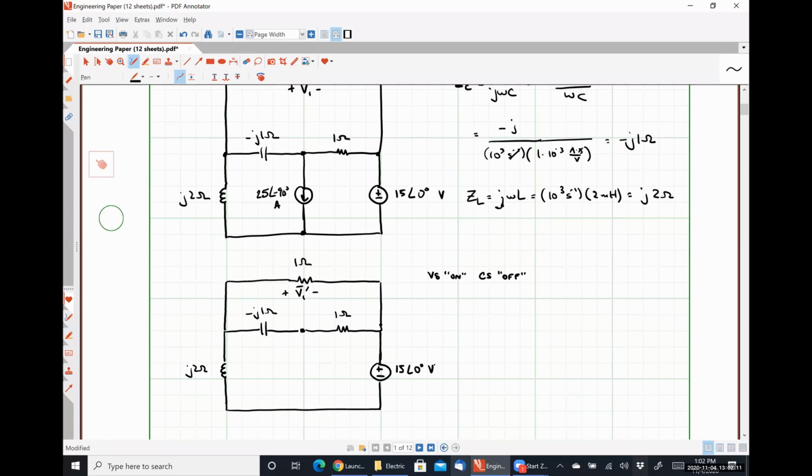So this is the circuit that we are interested in, and we are trying to find that voltage V1 prime. And I firmly believe that we can do this without employing nodal analysis or mesh analysis. The question is, do you guys recognize how we can solve for it using not nodal analysis and not mesh analysis?